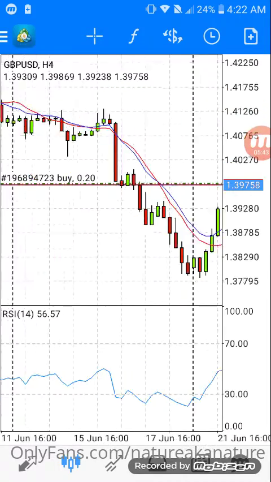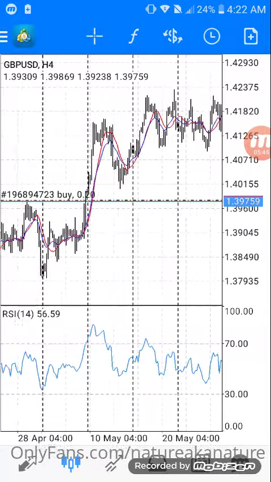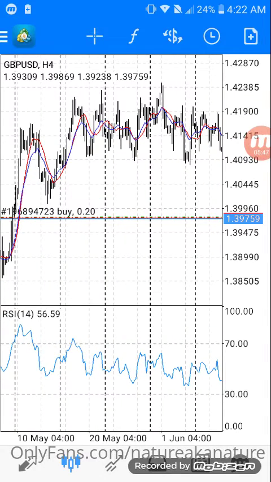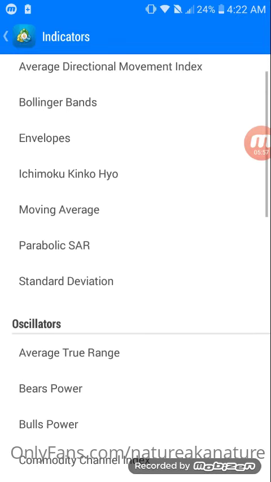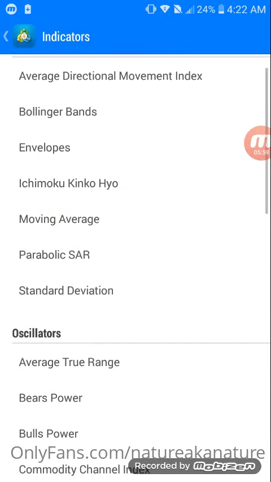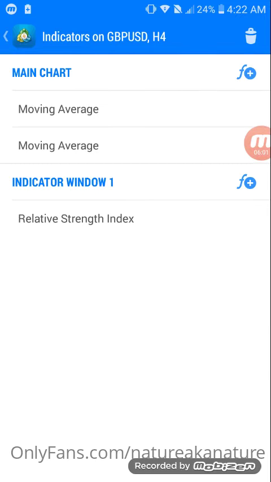I want to show you how to get the moving average crossover. To get it, you go to the top and see the icons. You click on the F, then press the F plus sign, and you'll see moving average. Click on moving average. I already clicked on it, and it brings up my second moving average.